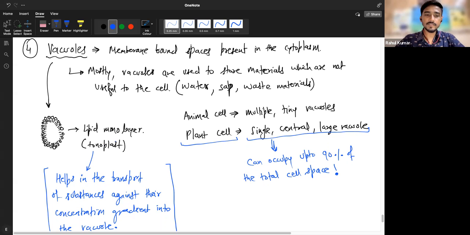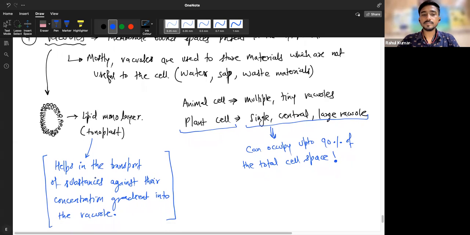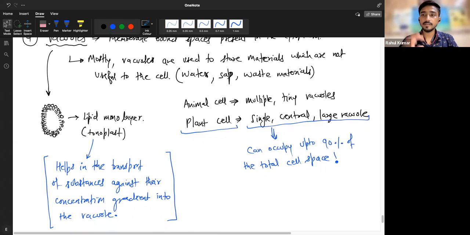So this tonoplast, which is a lipid monolayer, helps in the transport of substances against their concentration gradient. You can keep pushing as much as you want. You just need to make a bigger vacuole. Suppose you put all the waste material in the vacuole. The concentration of that waste will be very high inside the vacuole and very low in the cytoplasm. But the next time waste is produced in the cytoplasm, you can still put it in the vacuole.